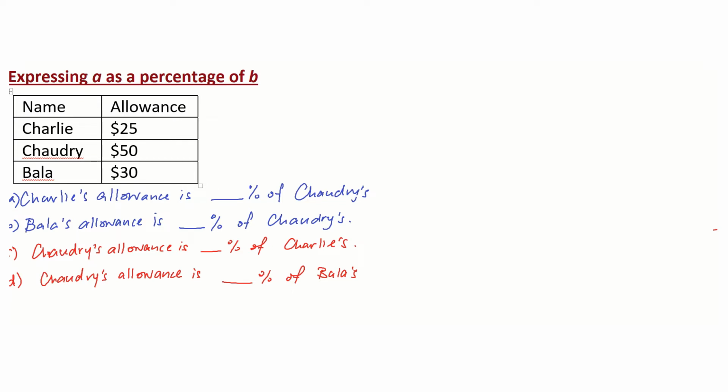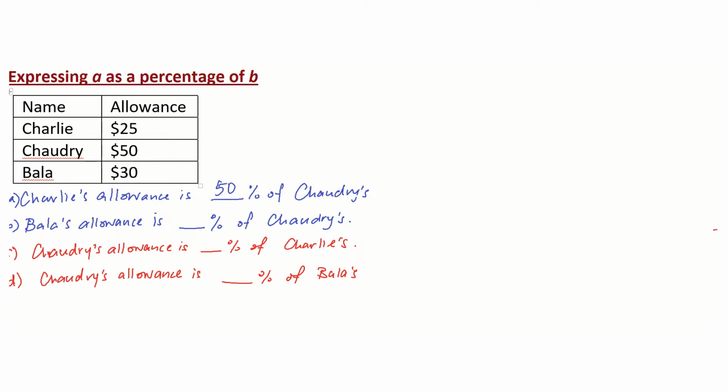Or another way to put it is Charlie has half as much as what Chowdhury has. So if Charlie has half as much as what Chowdhury has, then in terms of percentage, half would mean just 50%, right? Okay, so Charlie's allowance is 50% of Chowdhury's.